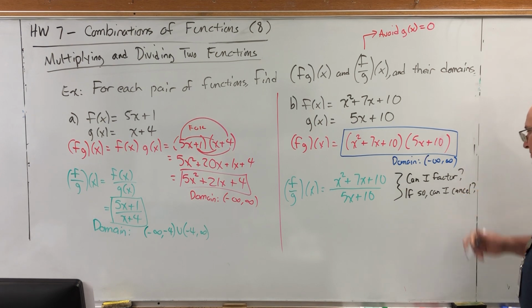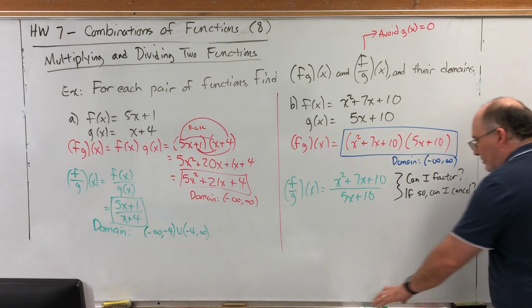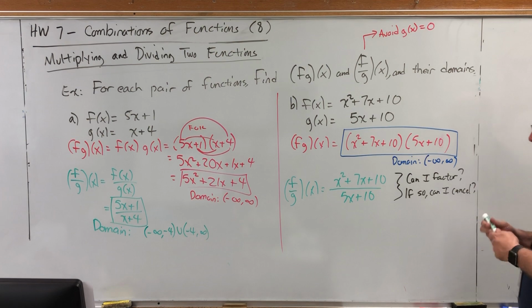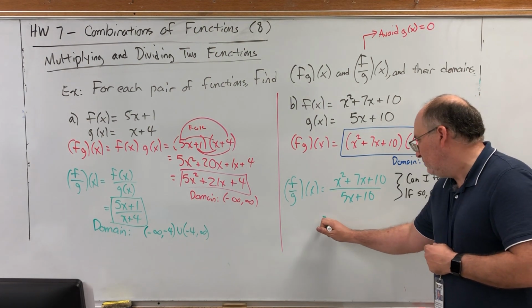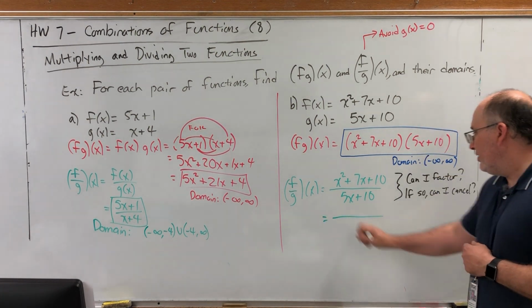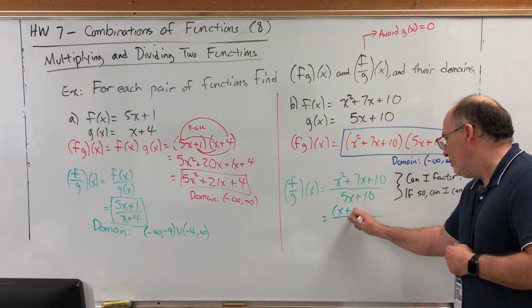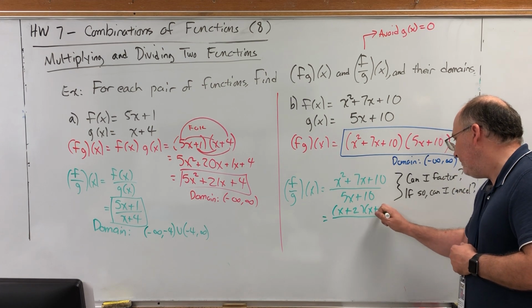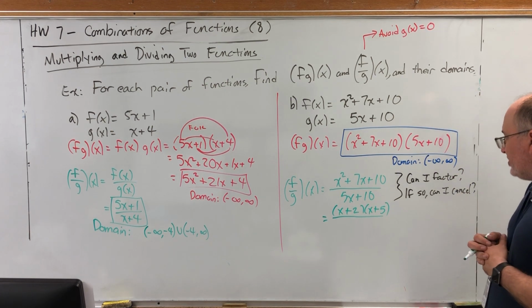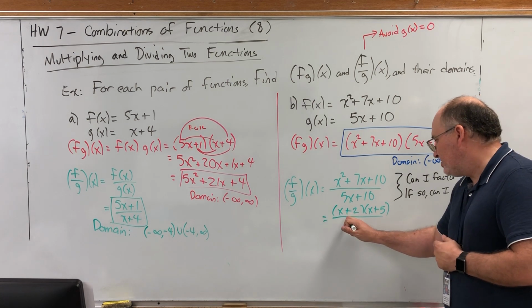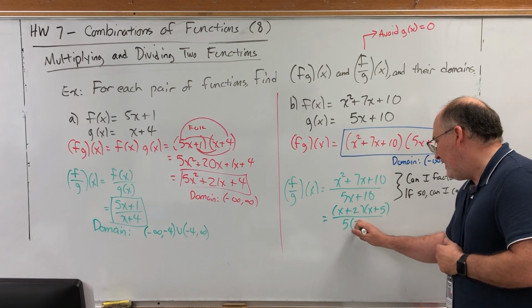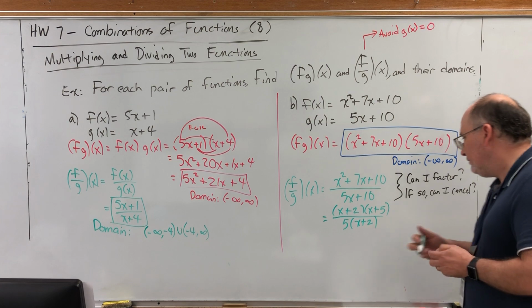So there are still some factoring skills lurking around. I believe I built this problem so that it would factor and cancel. The numerator factors into x plus 2 and x plus 5. The denominator, I can factor out a greatest common factor of 5, and that would leave x plus 2.